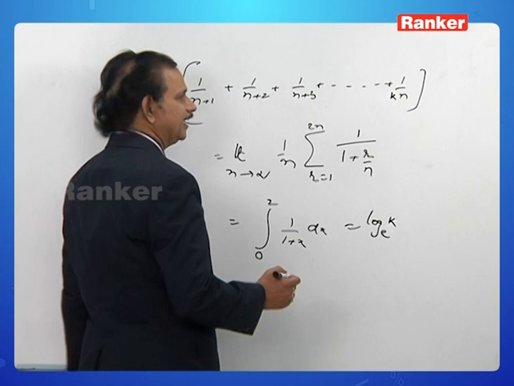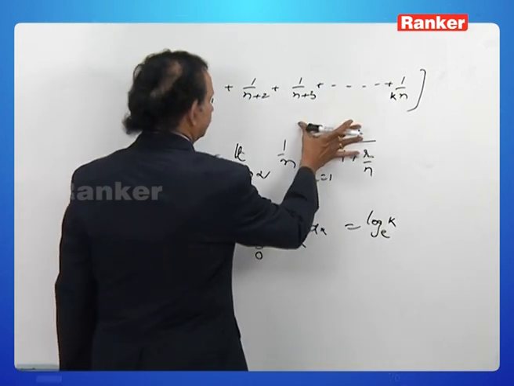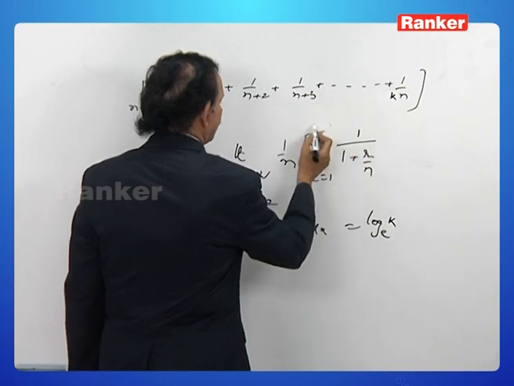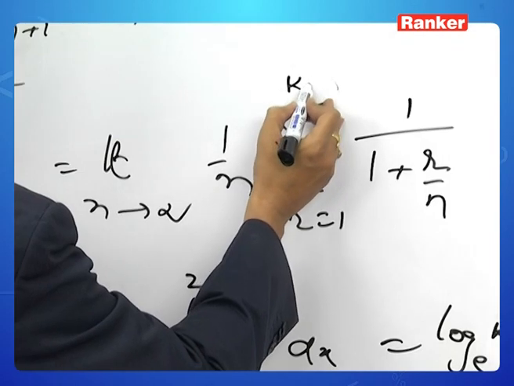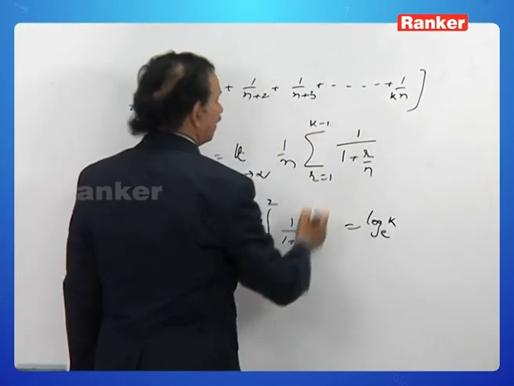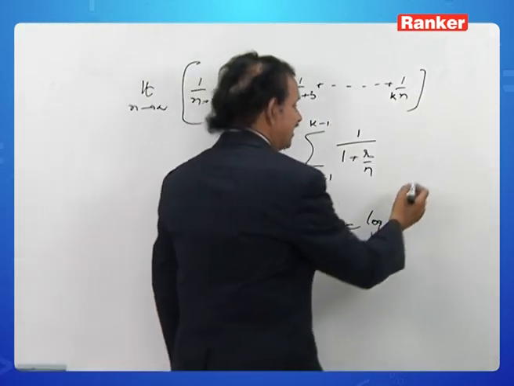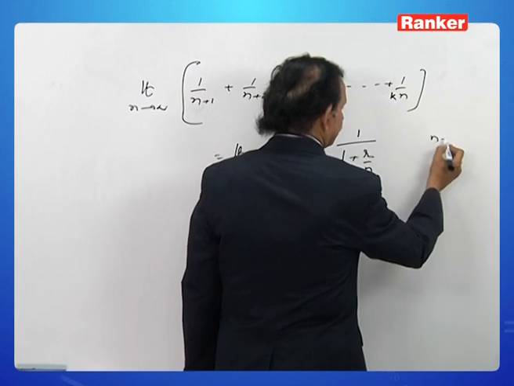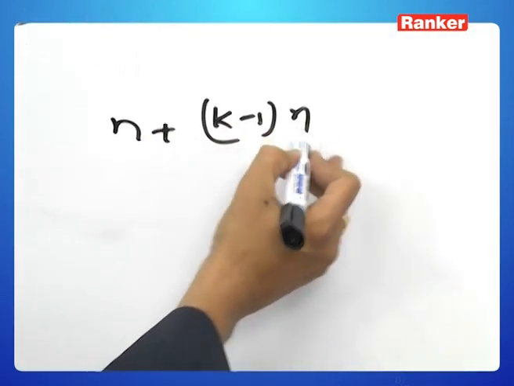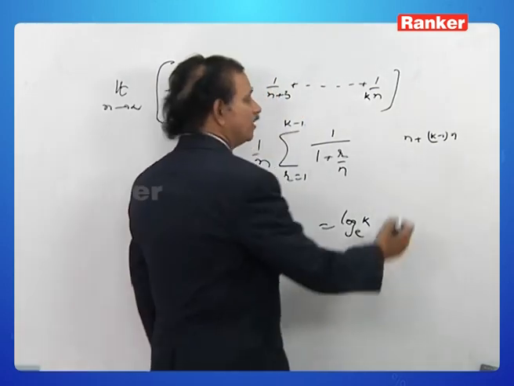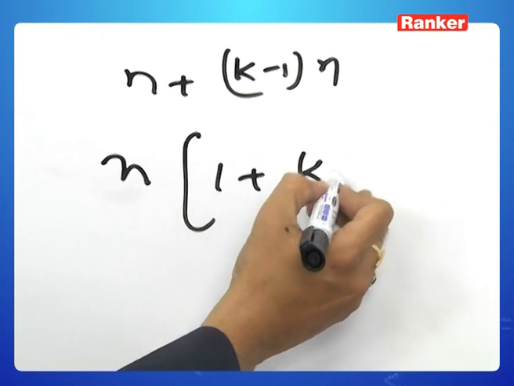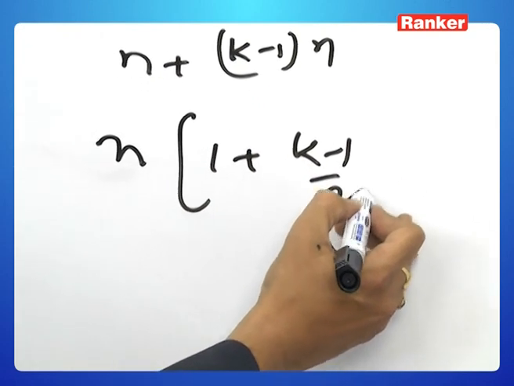What will be the fate of the limits here? 1 plus r by n. R is running from 1 to kn, because kn is nothing but n plus k minus 1 into n. If you take n out, it is 1 plus k minus 1 by n.